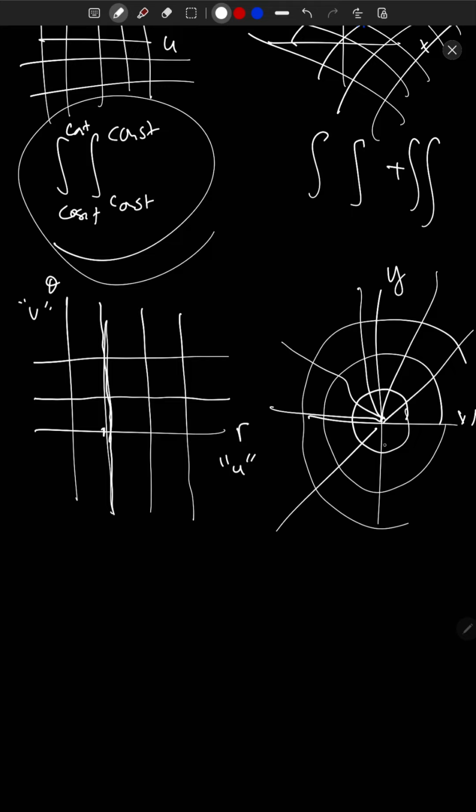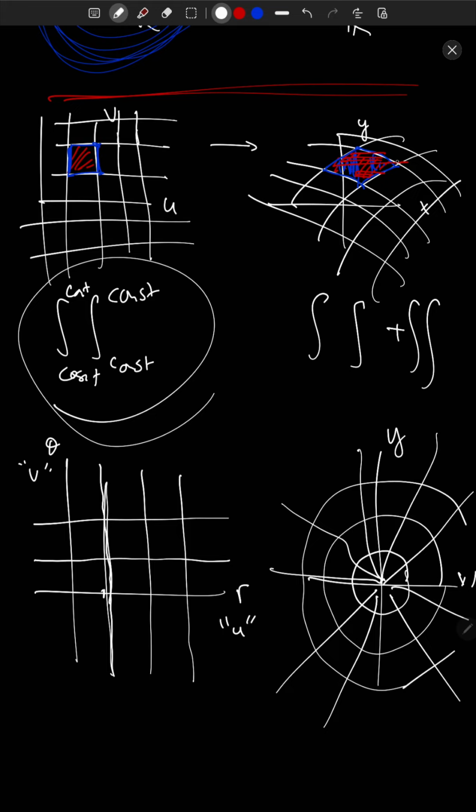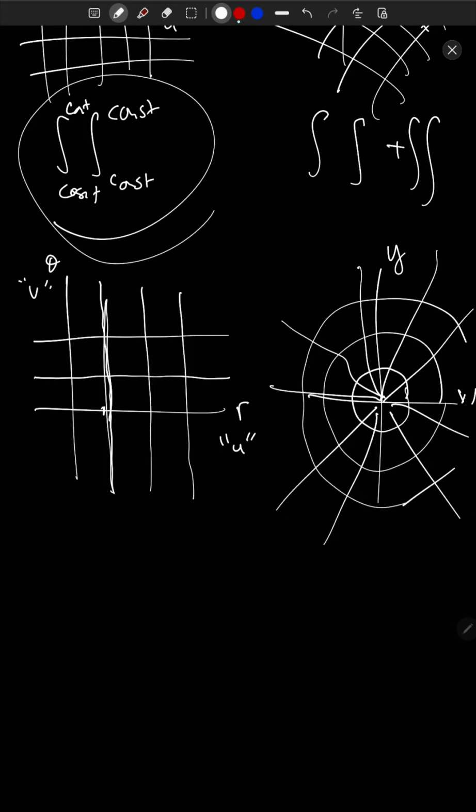So one way you can think of it is you're breaking up your region in the xy plane. Instead of using rectangles, you're using different shapes, right? Up here, it was using some curved rectangle-looking shape. Down here, you're breaking up your xy plane into these sectors. But again, working with sectors might be hard.